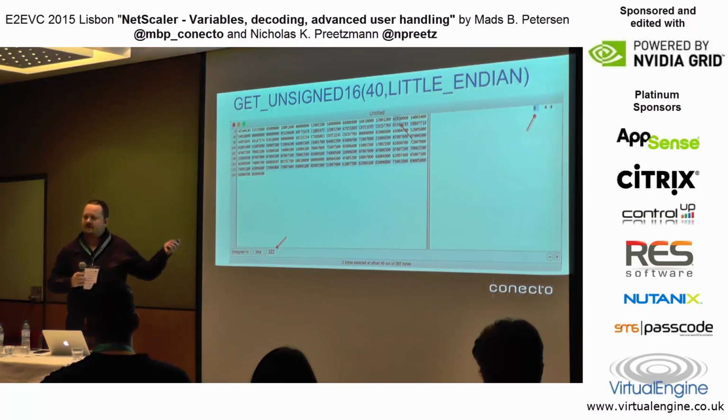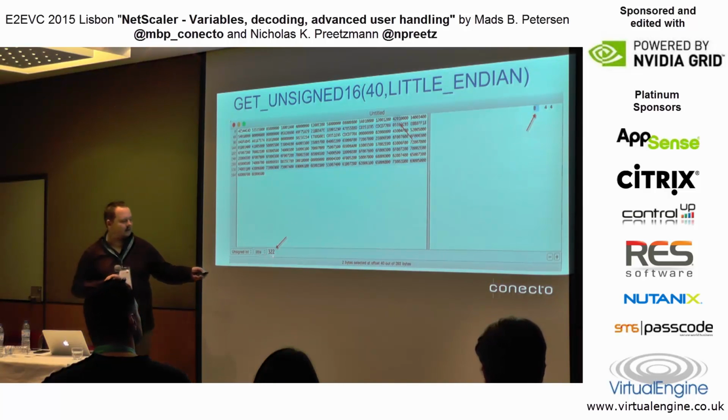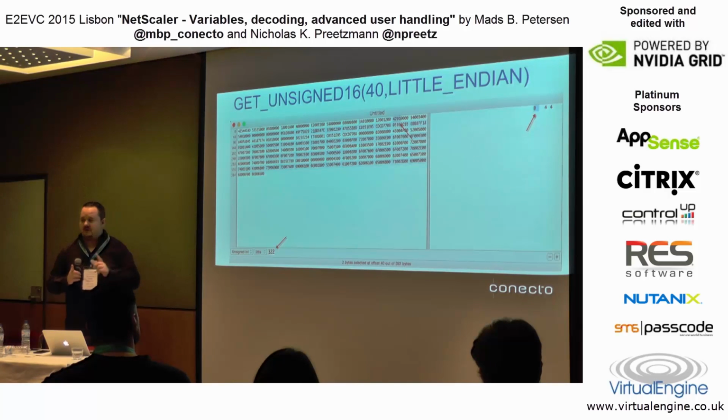If the other regular expression looked long, you should have seen the first ones, that was scary. Now we read those 2 bytes at the offset, and we get a value. This value tells the NetScaler the username in this NTLM starts from offset 322.